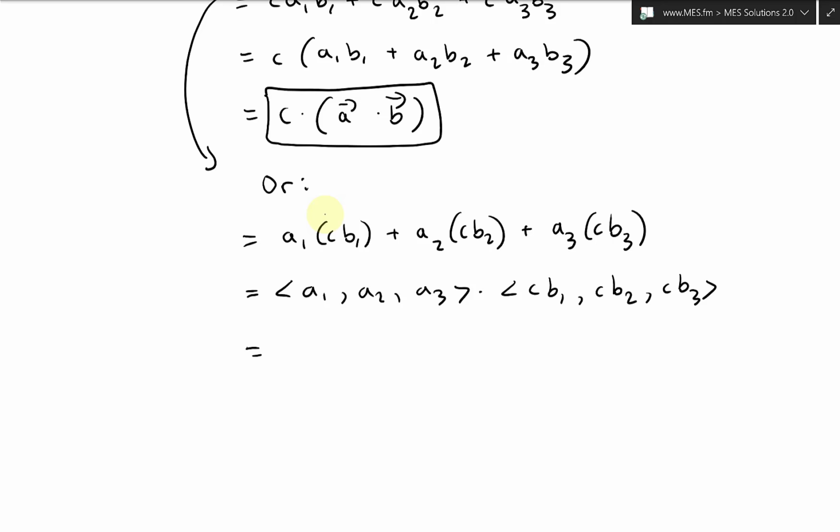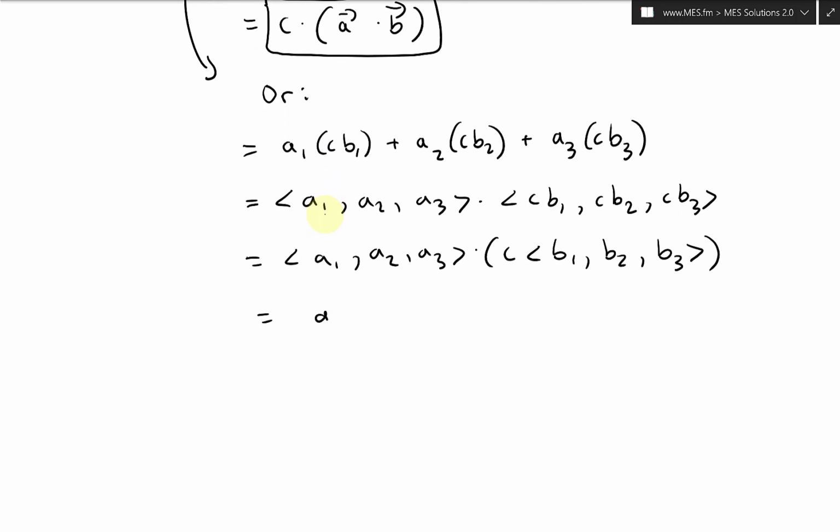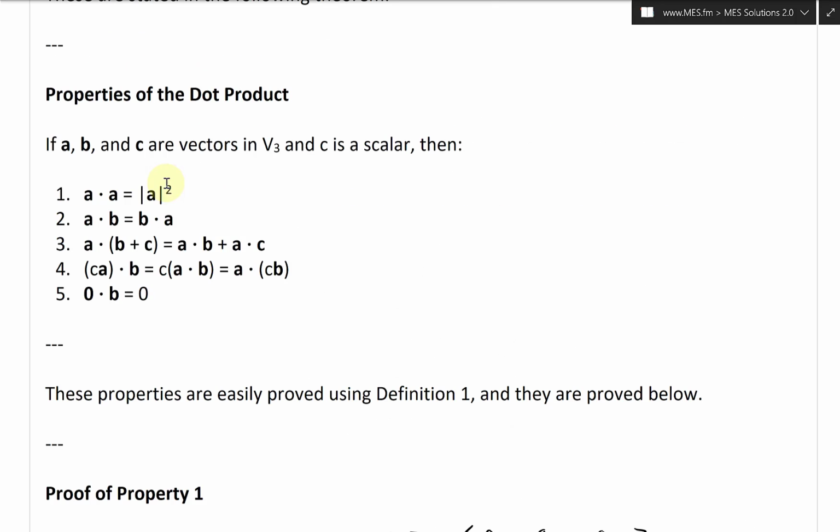And again, just for completeness, I'll write a1, a2, a3, dot, and factor out the c, and put a bracket here: c times the vector b1, b2, b3, like that. And this just equals a vector dot bracket c b vector, like that. So we just proved this setup right there. And that is property 4.